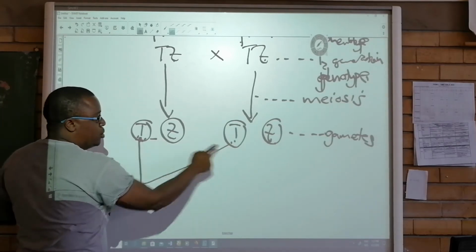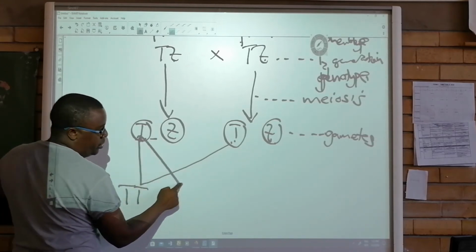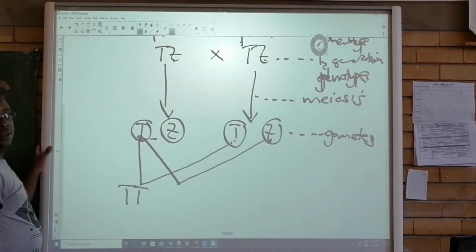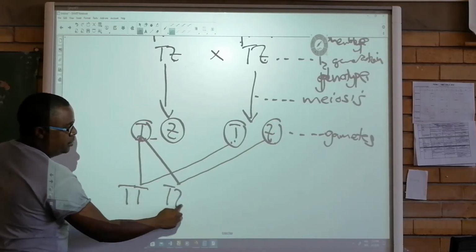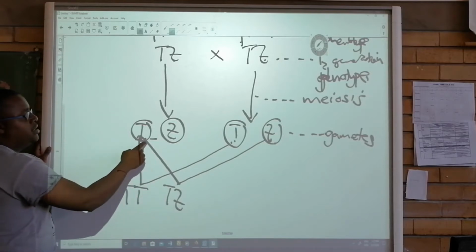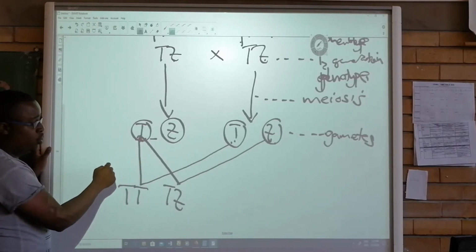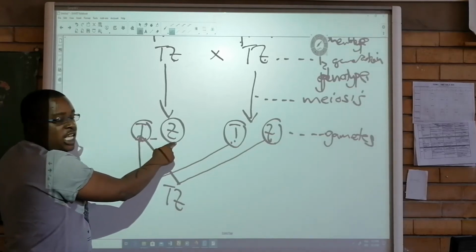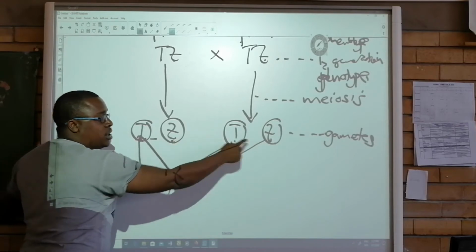And then this one can also fuse with that one. Is there anything else that this gamete can fuse with? So we go to this one. This one has the ability to fuse with what? With this one, and this one can also fuse with that one.